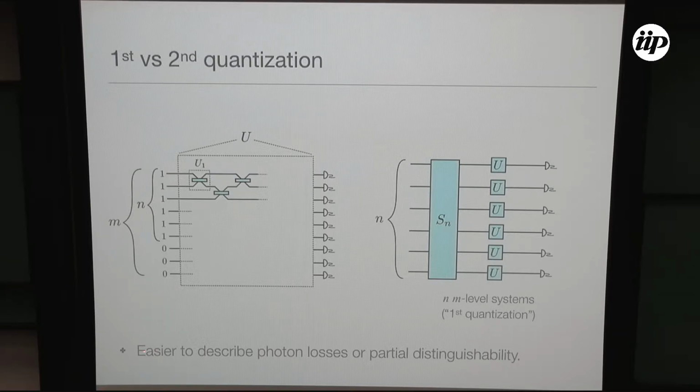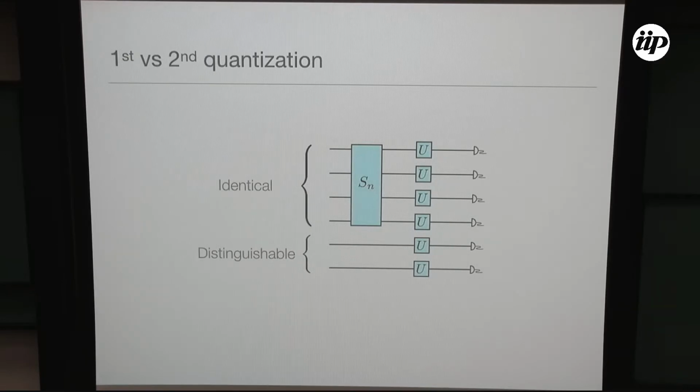The reason you do this is because it's easier to think about properties of the input state, such as photon loss or partial distinguishability of the photons. For instance, if some subset of your photons are distinguishable from the rest because they have some internal degree of freedom like polarization that is different from the others, they would be mapped in this description to something that does not go through the symmetrization procedure.